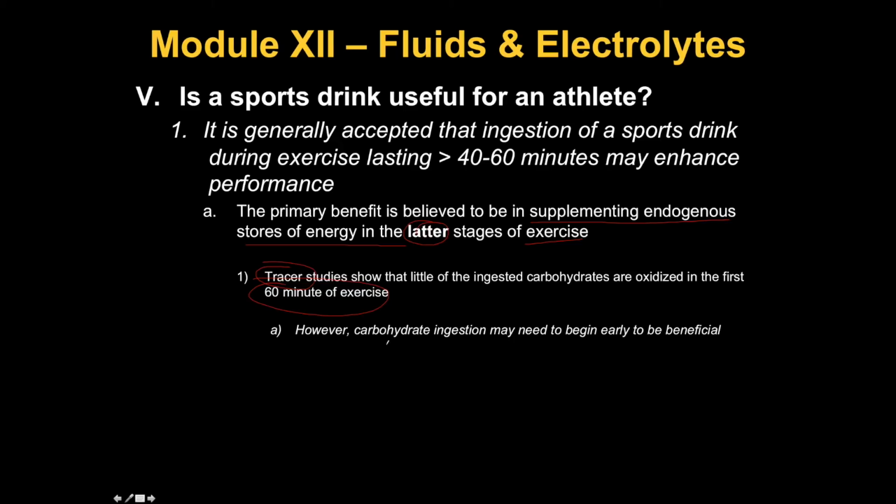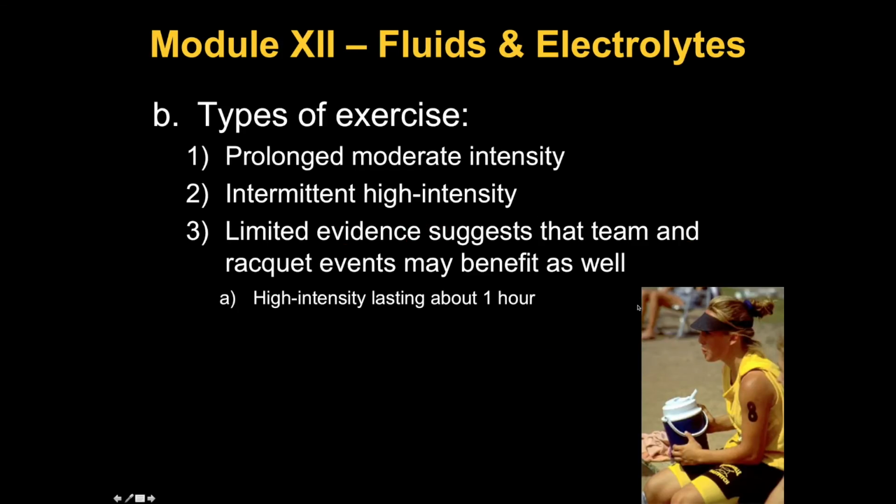So perhaps carbohydrate ingestion needs to begin early in order to take advantage of it. We want to be proactive about the carbohydrate intake as far as a sports drink being useful for an athlete. The type of exercise is going to be important.